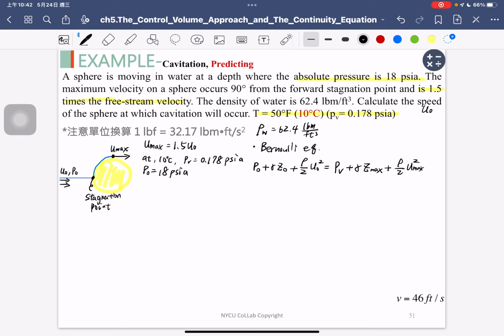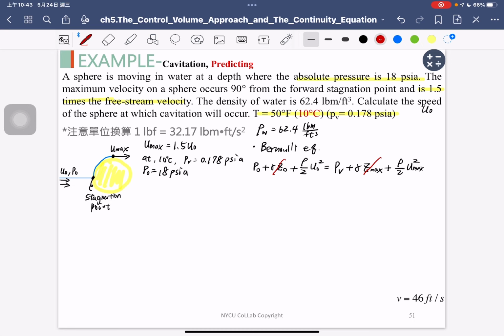Okay, and as you remember, in our previous exercises we usually neglect the elevation difference between the center of the ball and the top of the ball, because it causes only a little bit of change.